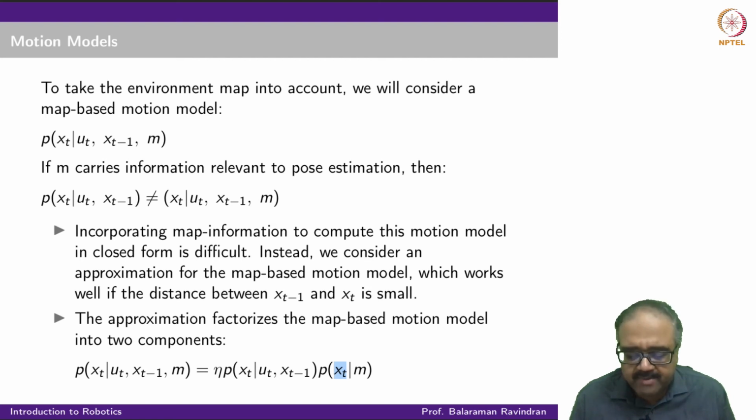I've moved from xt minus 1 to xt. Is xt a valid pose, given that I'm operating in map m, and eta as usual is some kind of a normalizing factor. So I'm only checking for the validity of the final pose, and as long as the changes are small, this should be fine.